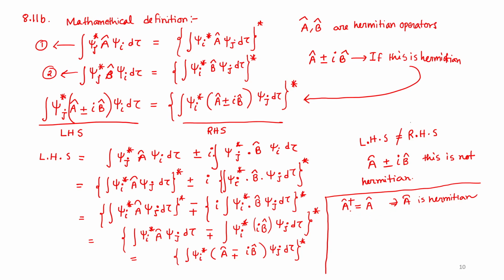Okay. So now, if we see what this plus minus iB is in terms of this shortcut method, that is actually A dagger plus minus iB dagger.